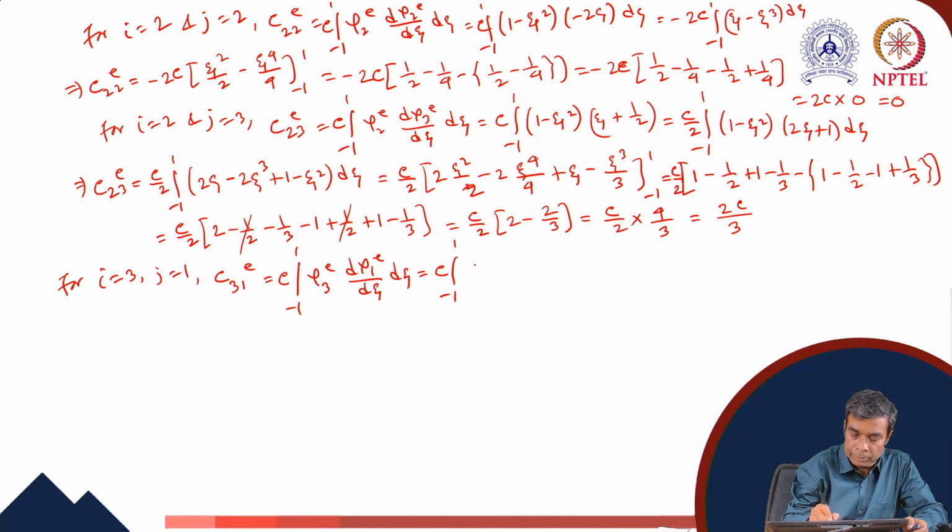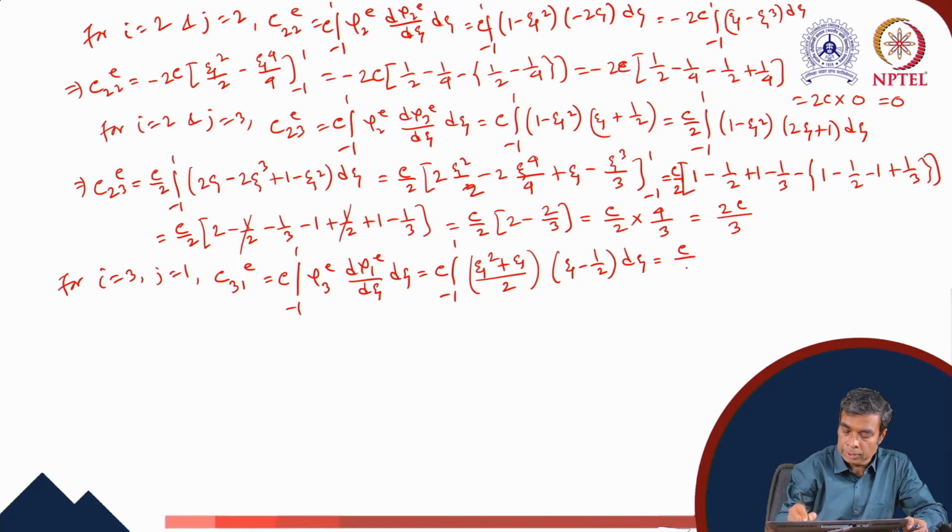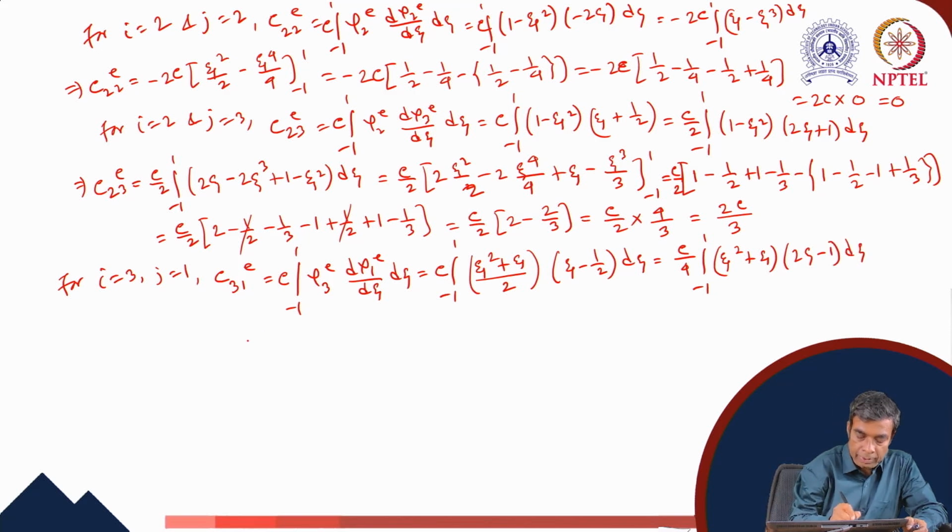We have psi 3e, this is xi square plus xi by 2, and d psi 1e d xi, it is xi minus half d xi equals to c by 4 integration from minus 1 to 1 xi square plus xi into 2 xi minus 1 d xi.